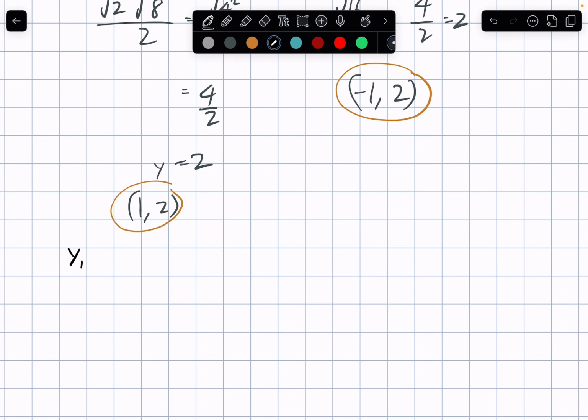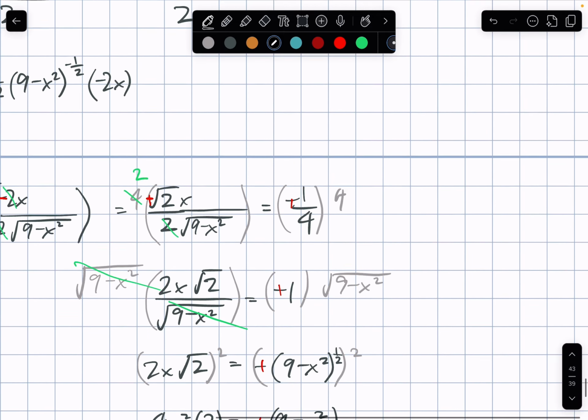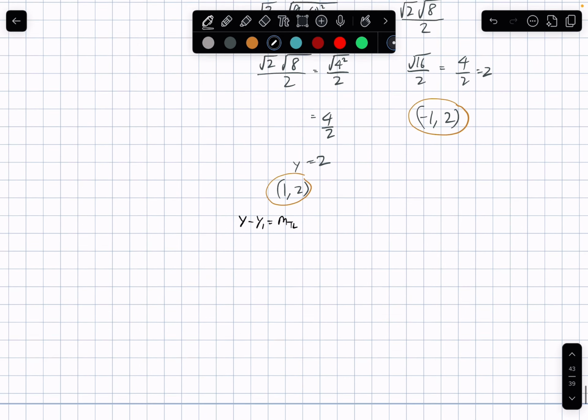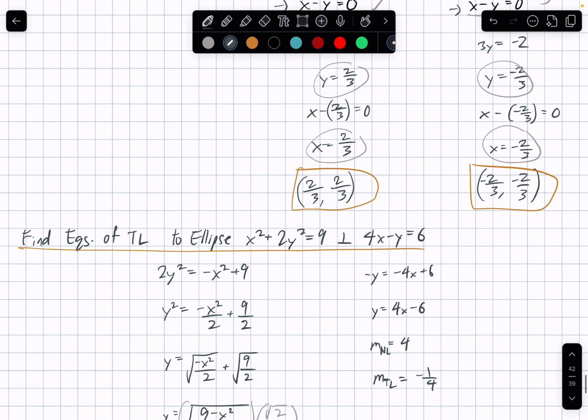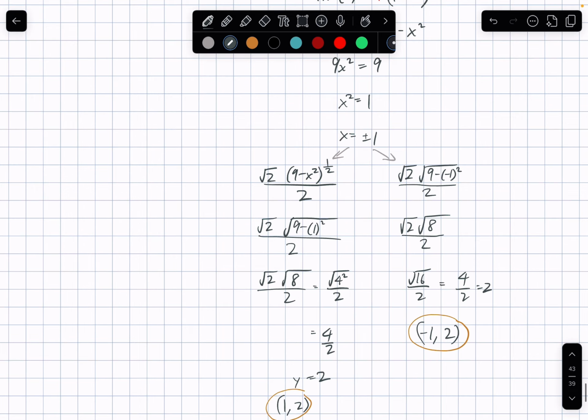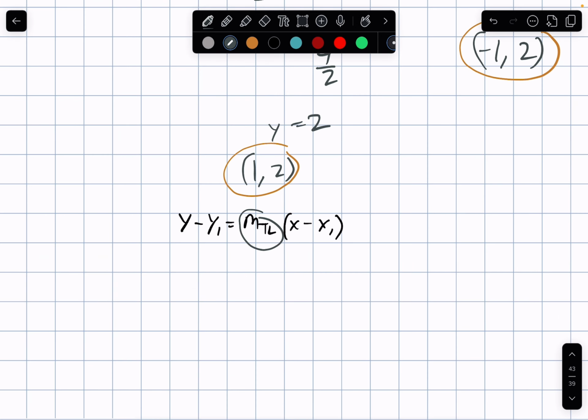Now let's whip out the point slope form. Since we have the slope of the tangent line, that's what we're dealing with right now. Again, we are tasked to find the equations of the tangent line. That's why we use MTL.